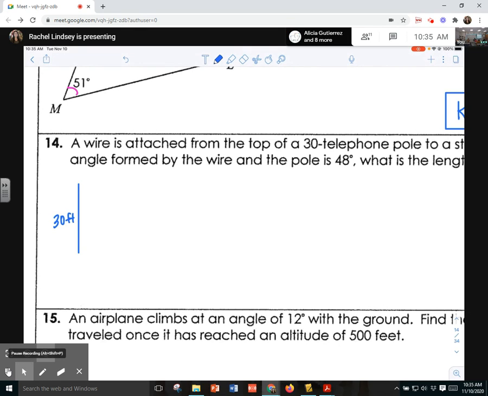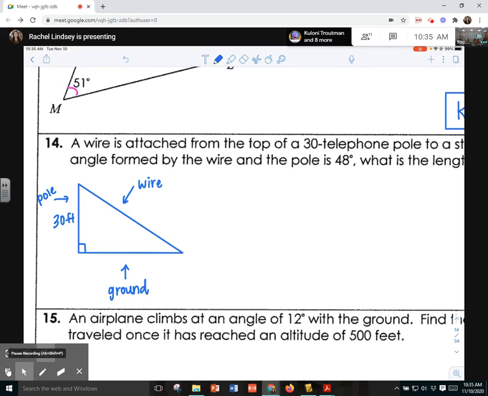So it tells me that there's a wire going to the ground from the top of the pole. So it forms a right triangle. So this would be the wire. That would be the pole. And that would be the ground. Oh, I did it right.